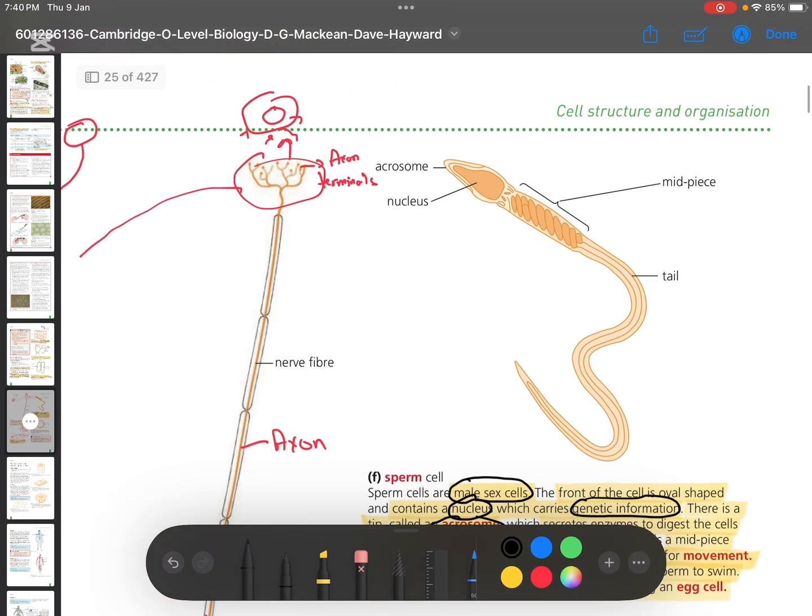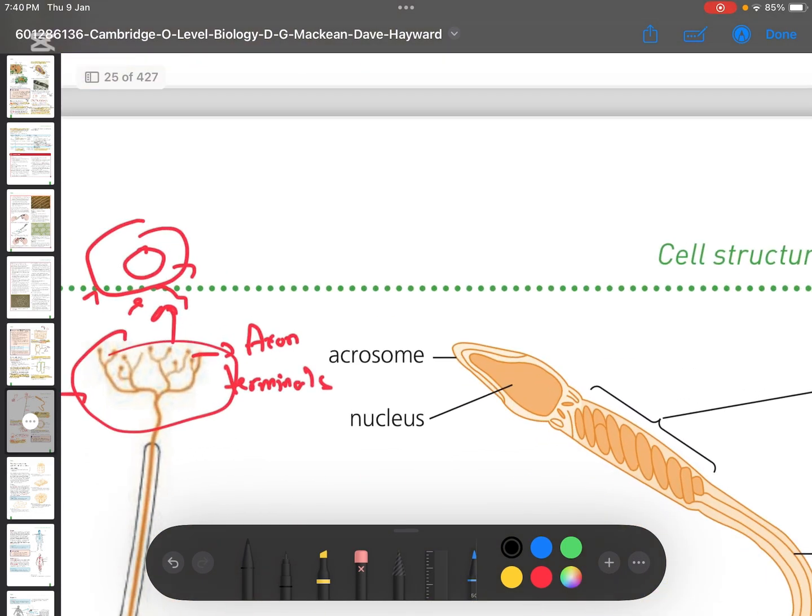Now what this acrosome does is, for example, this is the egg of the female, right, waiting to be penetrated by the sperm.